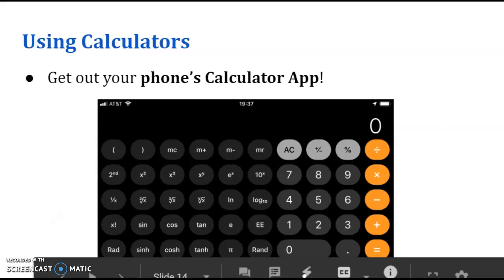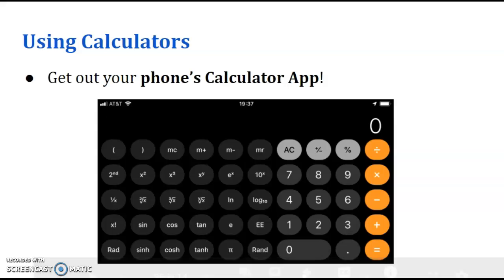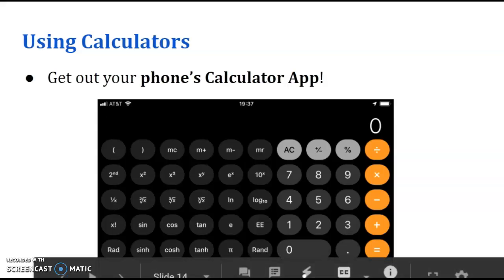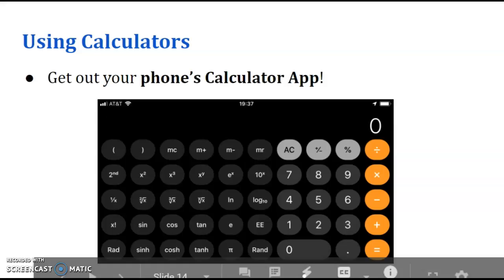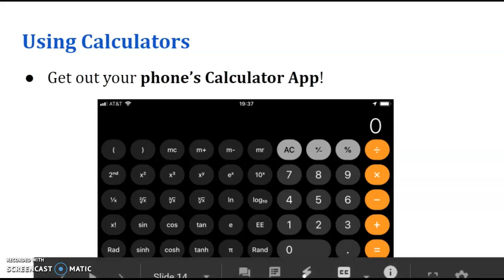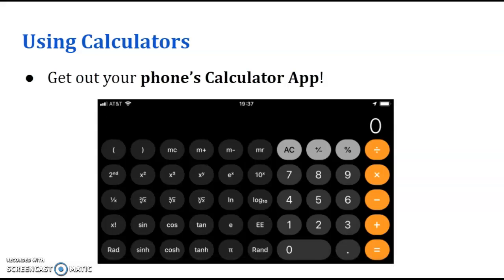Okay, and then let's just quickly get your phone calculator app. This is where you are going to find all the trig functions. So instead of looking up the trig table, you can simply enter it here. If you know sine of 30 degrees, try pressing sine 30 degrees. Different calculators do it differently. You might have to put 30 then sine, or sometimes sine and then 30, and it will display it for you.